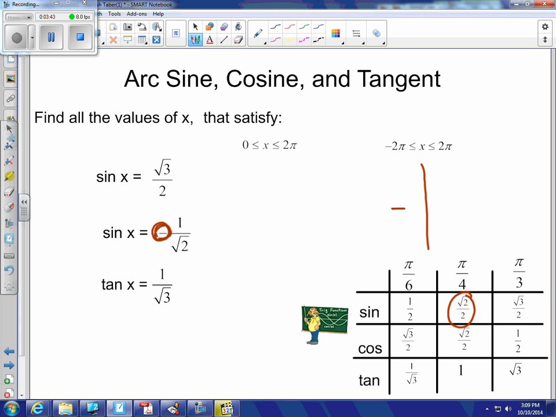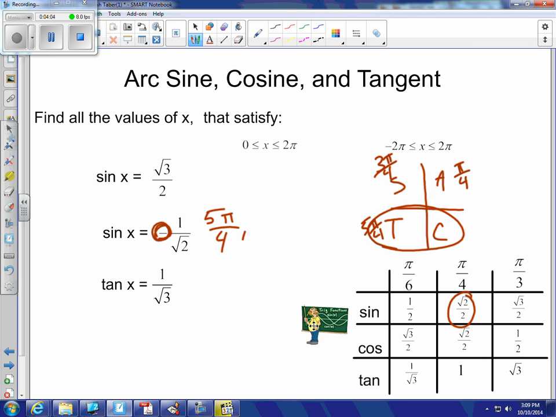So let's look at our quadrants again. When is sine negative? In our third and fourth quadrants. So this is pi over 4, right? 3 pi over 4, 5 pi over 4. That's one of them. So 5 pi over 4. And then 7 pi over 4.